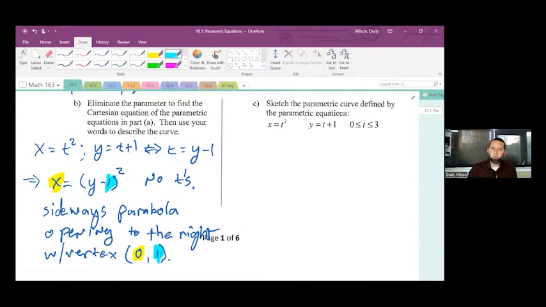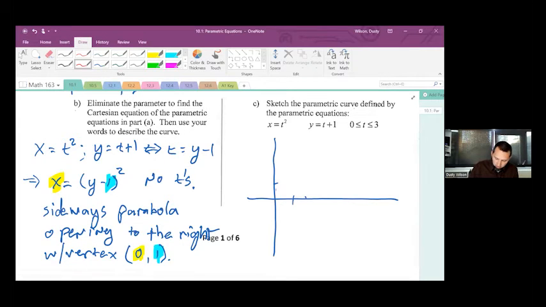In part C, we want to sketch the parametric curve defined by the parametric equations x equals t squared, y equals t plus 1, but this is when 0 is less than or equal to t, t is less than or equal to 3. And so we could start by thinking about this like the same parabola that we had before, which when y equals 0, this would go through 1.